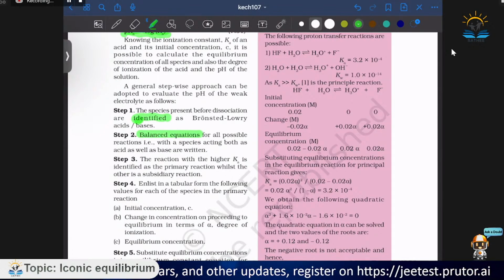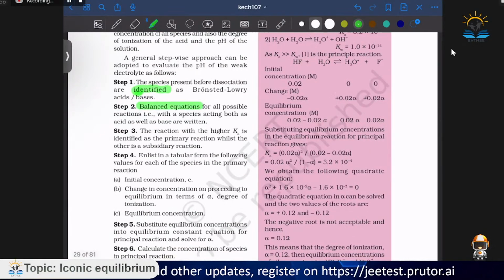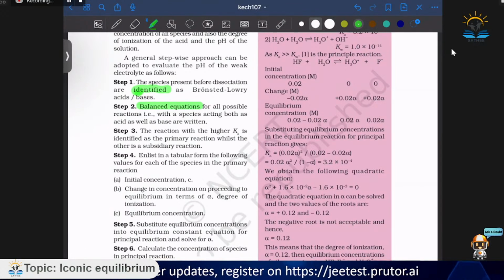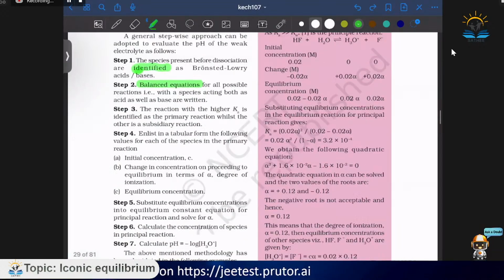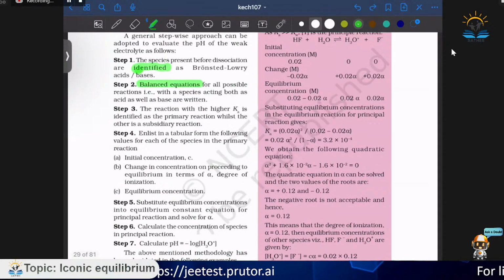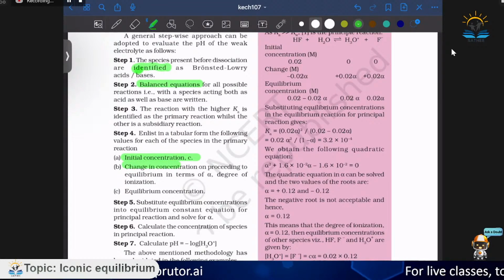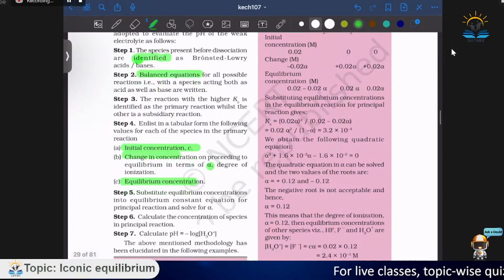Okay. Then the reaction with a higher Ka is the primary reaction. Enlist in tabular form the following values for each of the species: initial concentration, change in concentration, and with alpha you have to use the equilibrium concentration.